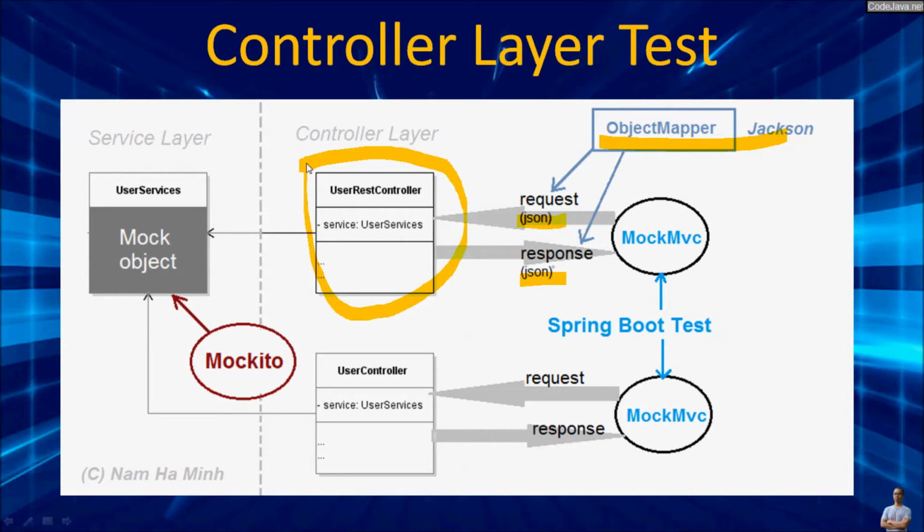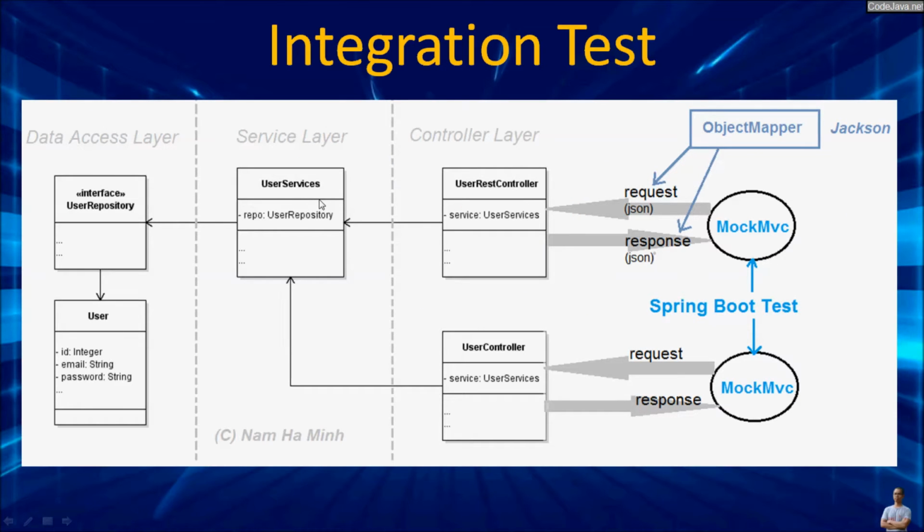So that's basically how to unit test the RESTful web services in a Spring Boot application, as we focus on testing the controller layer. And in the second type of test, integration test, we will test the integration between all layers in the application: data access layer, service layer, controller layer. So we don't use any mocking framework to create mock objects. We just use a MockMvc object provided by Spring Boot test to perform requests and verify responses.